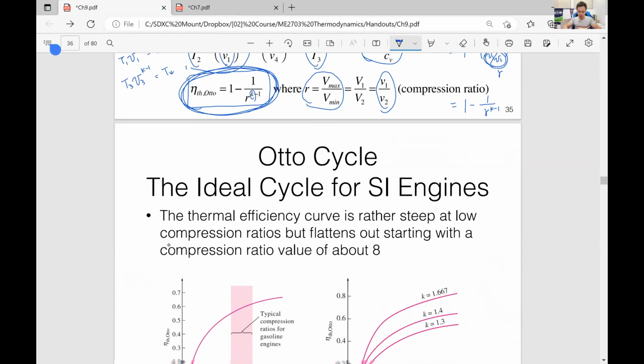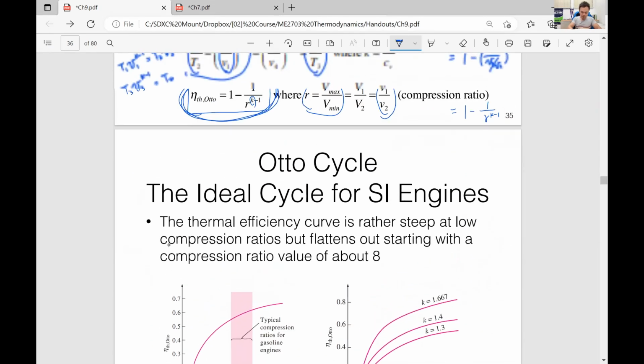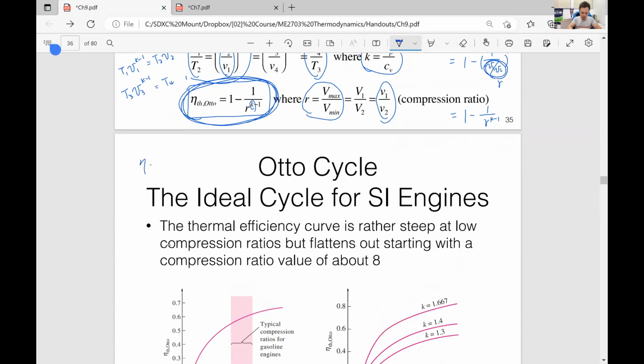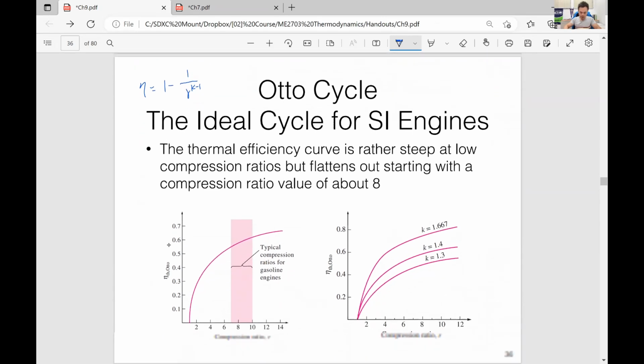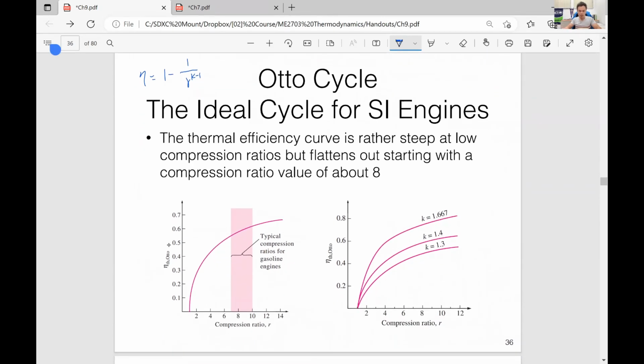So look at this. Now we know the efficiency of an Otto cycle is a function of compression ratio and specific heat ratio. So if you make a plot, look at this. The x-axis here is the compression ratio and y is the efficiency.